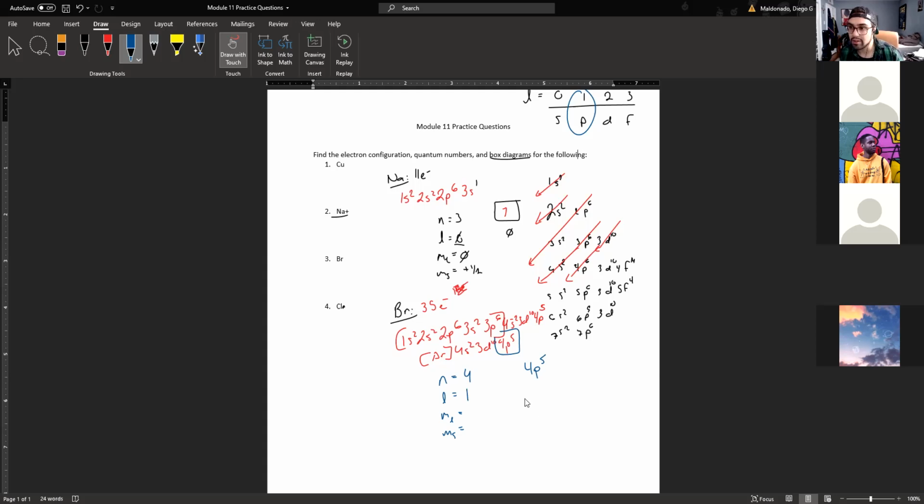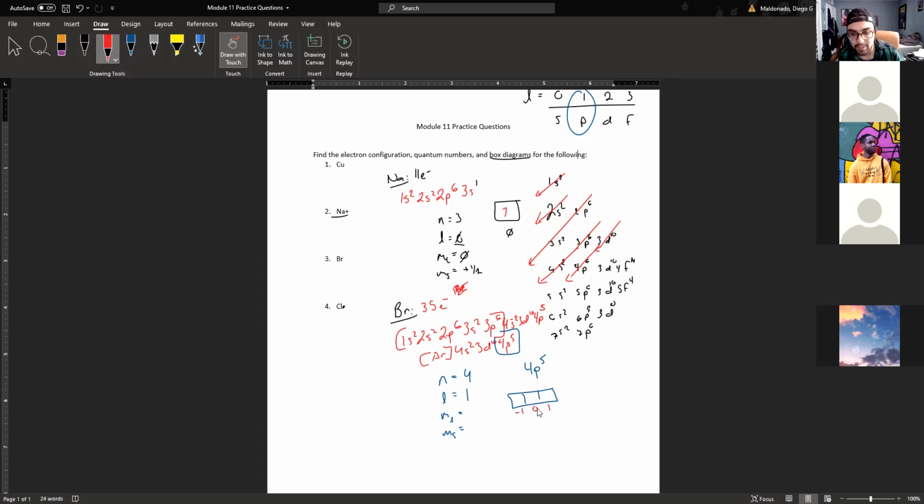Before we start assigning ml and ms, how many orbital boxes will I have in the orbital box diagram? 3. So I'll have 3 boxes. And what are the values of the boxes? -1, 0, +1.